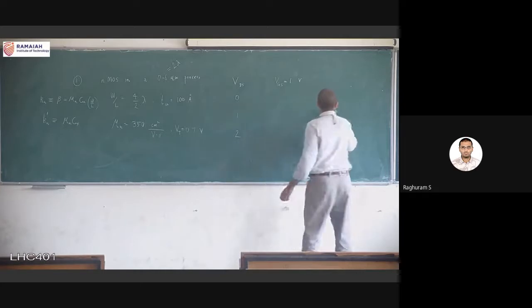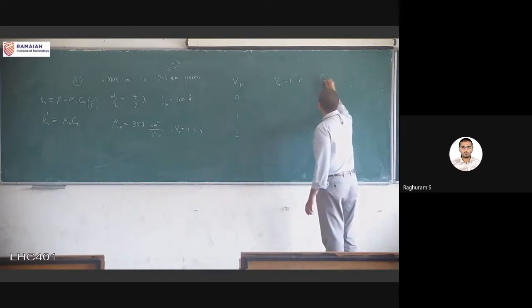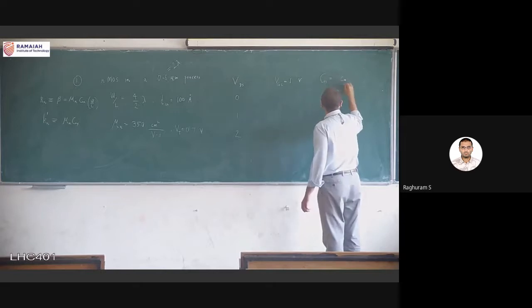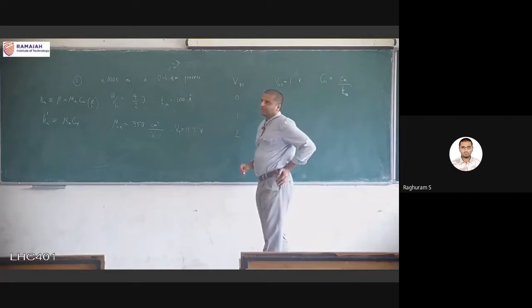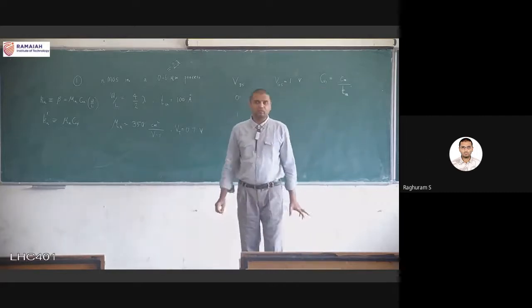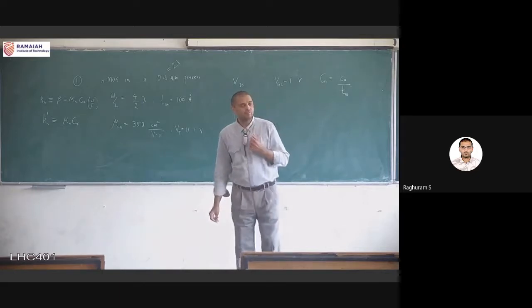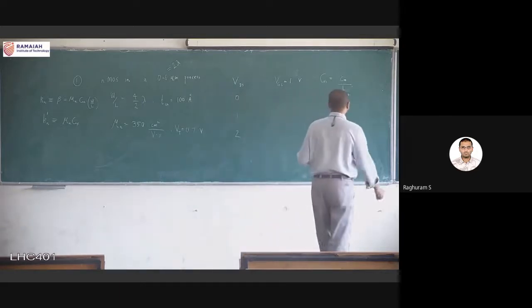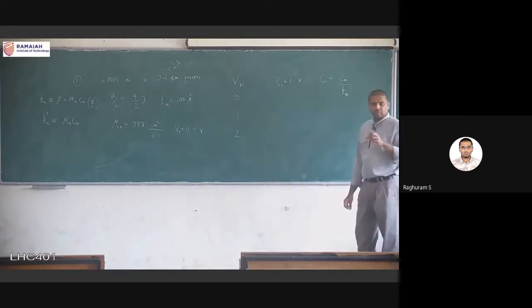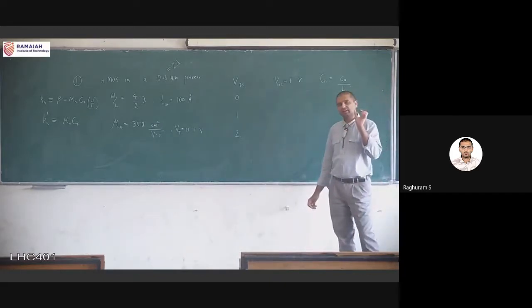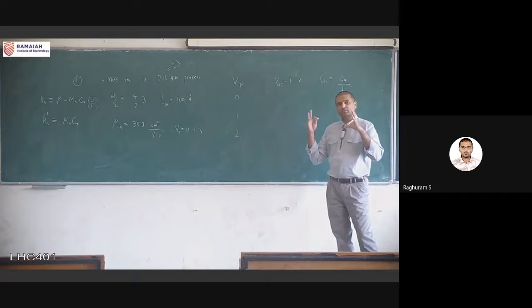So we have C oxide equal to, okay, this also, the general expression for capacitance that we know is A epsilon naught by D. But in this case, the A will not be used because the oxide capacitance inside the current equation, when we were doing the derivation, the A came into the picture, but then we substituted A with W into L and got the final expression for current.